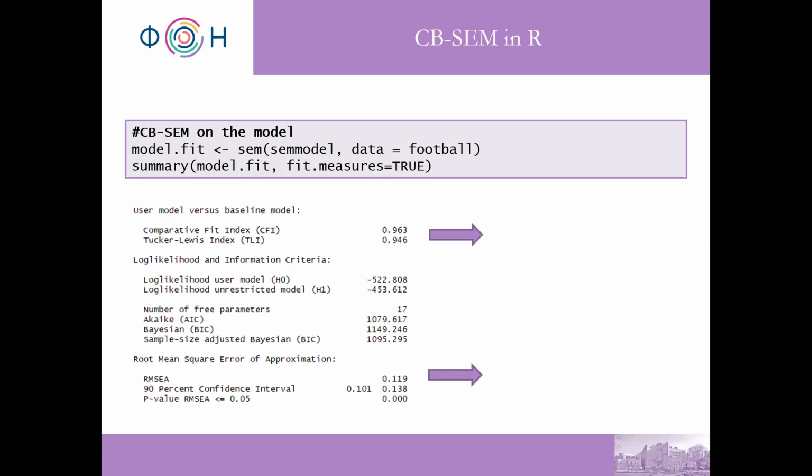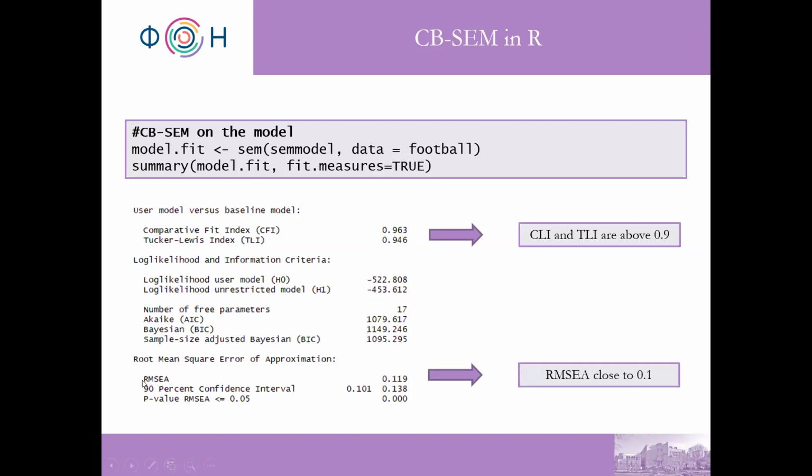the detailed output R provides, we can find our fit indices. So, for example, here we can see that both CFI and TLI, the 2 indices, are above 0.9, telling us that our model is of pretty good quality.